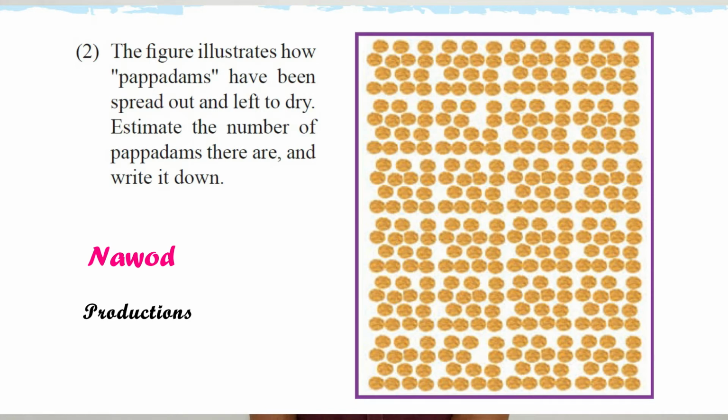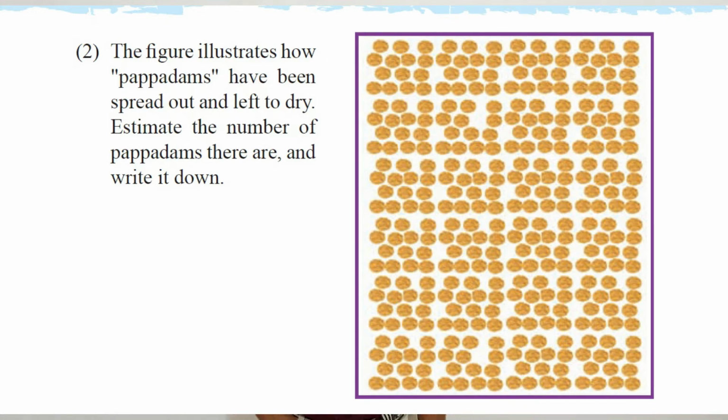Then 14 into 4. That means length into breadth you want to multiply. On the length side we have 4 groups, and for the breadth side we have 6 groups. Then 14 into 4: 4 into 4, 16, 1 is remaining, 4 into 1, 4 plus 1, 56. 56 into 6: 6 into 6, 36, 3 is remaining, 6 into 5, 30 plus 3, 33. 336 pappadams are there in this stock of pappadams.